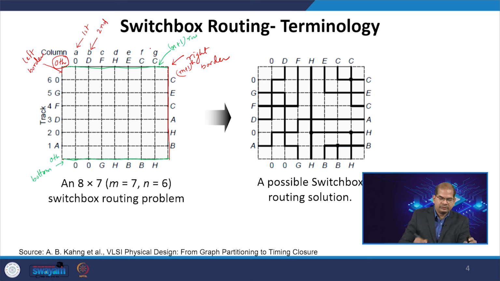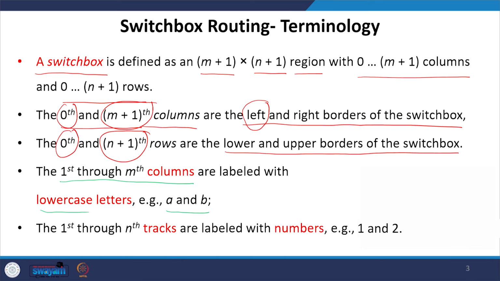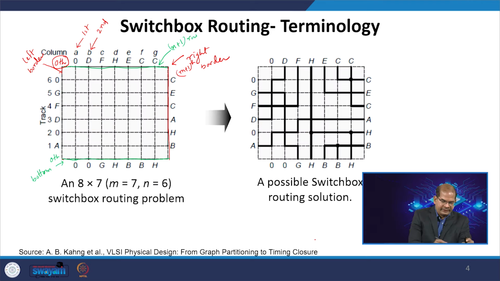The first to nth tracks are labeled with numbers. The first row to the nth row, the tracks, are denoted by numbers 1, 2, 3, 4. This first row is the first track, and similarly this is the second row, the second track.